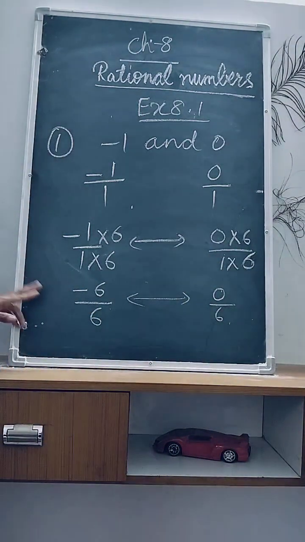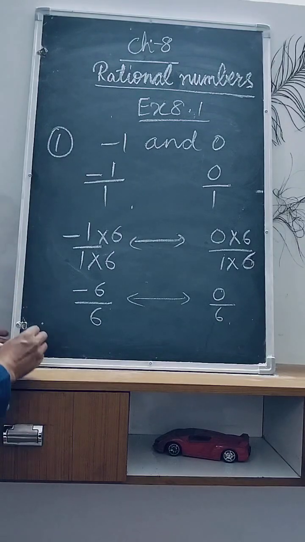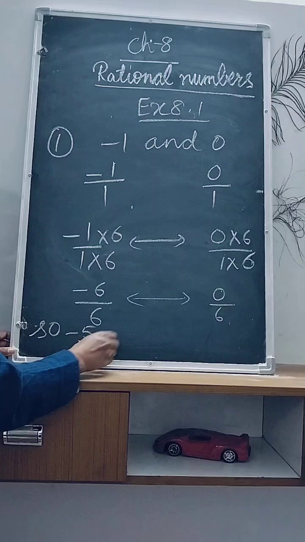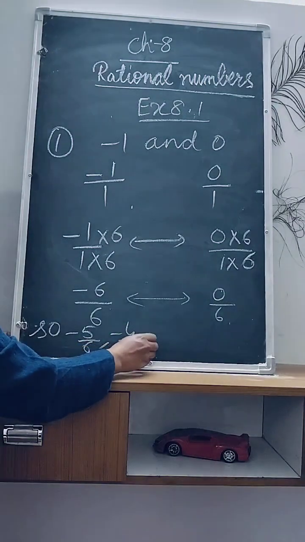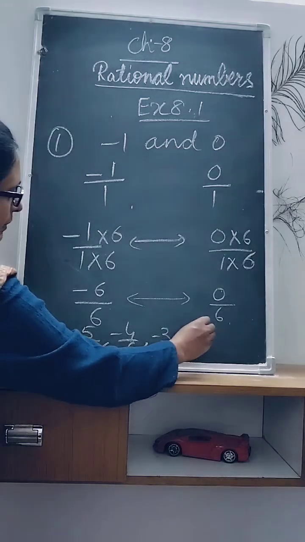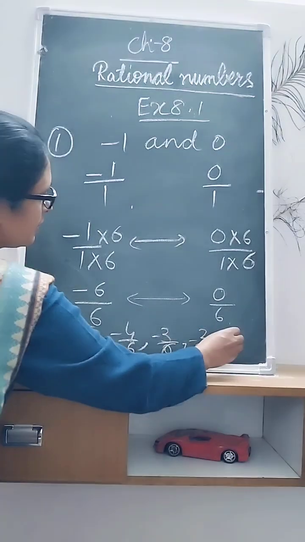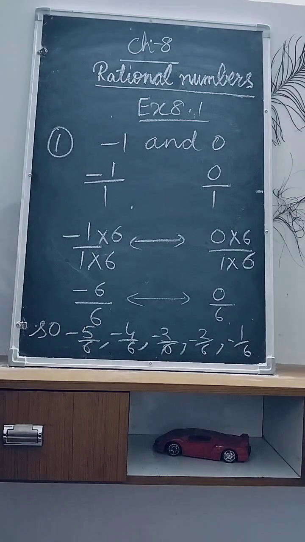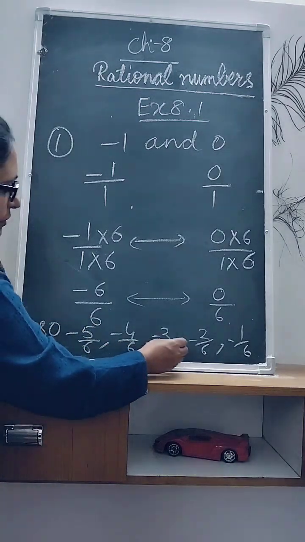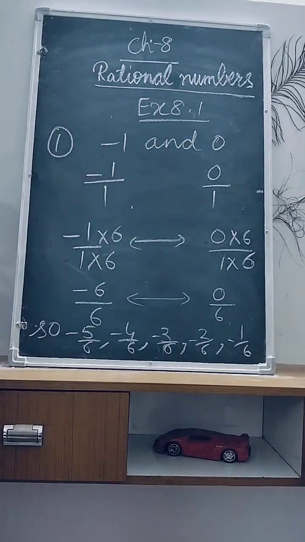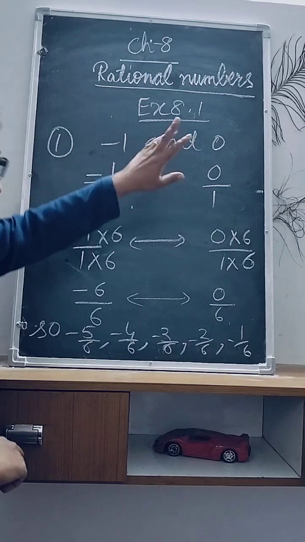So you can write down any 5 rational numbers: minus 5 by 6, minus 4 by 6, minus 3 by 6, minus 2 by 6, minus 1 by 6 are 5 rational numbers which lie between minus 1 and 0. In this way you can find any 5 rational numbers between minus 1 and 0.